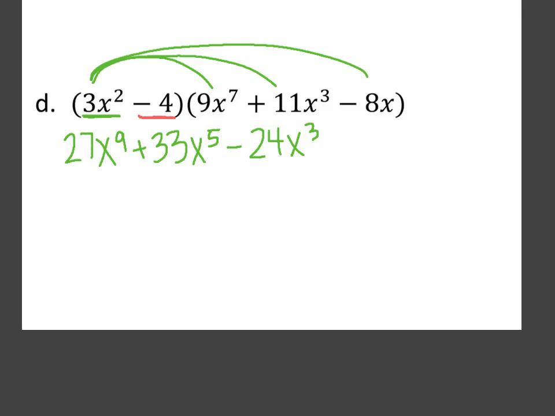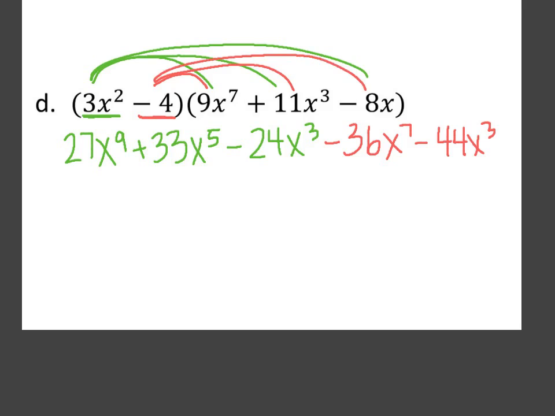I need to take the negative 4 and distribute to everything in the back parentheses. So negative 4 times 9 would give me negative 36. The x to the power 7 stays behind. Negative 4 times 11 would give me negative 44, x to the power 3. Negative 4 times negative 8x would give me plus 24x.